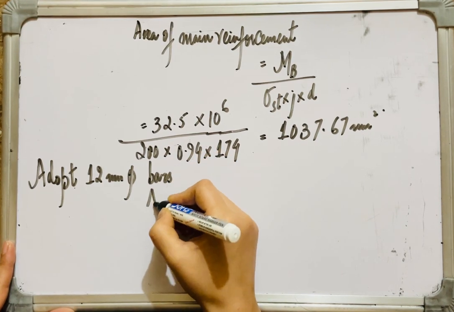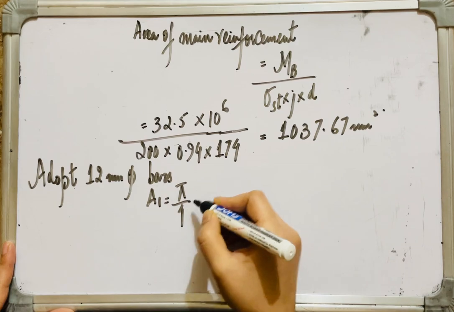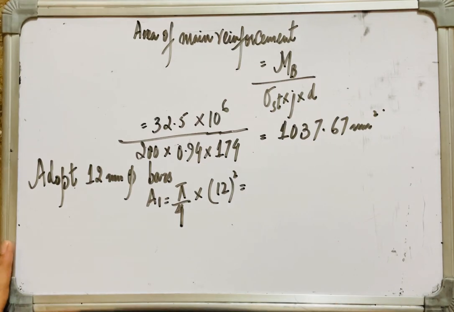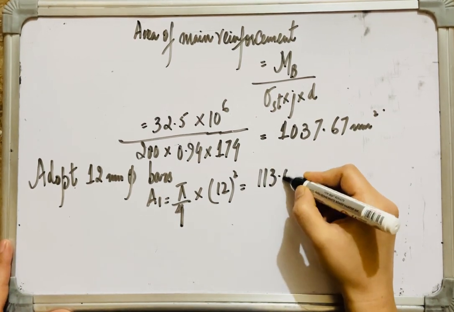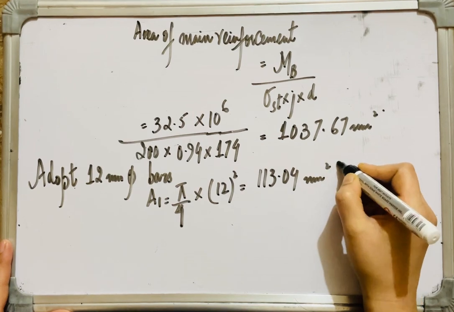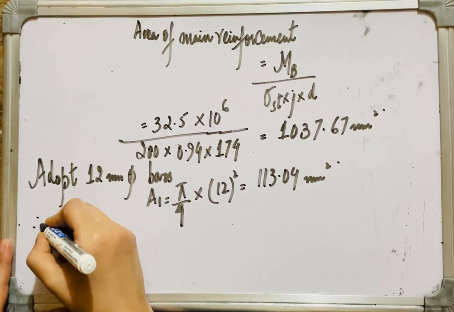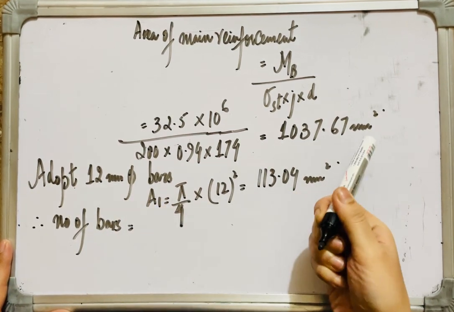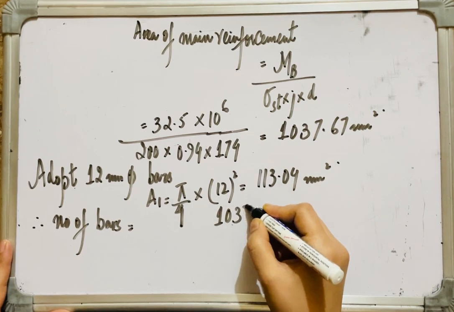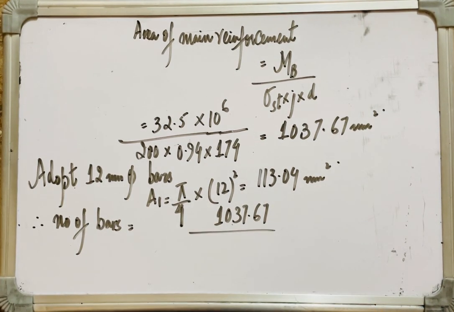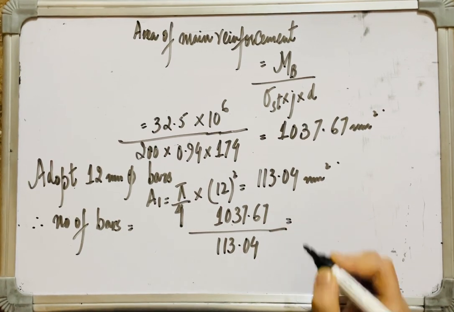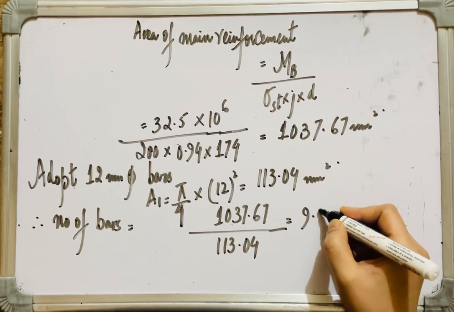How much is the area of one bar? It is pi by 4 into 12 square, that is 113.04 mm square. Now therefore number of bars, how many bars do we need? 1037.67 is my area of main reinforcement, which I have to provide, while I assumed I will use 12 mm bars, and the area of one bar is this much. So number of bars is 9.17.